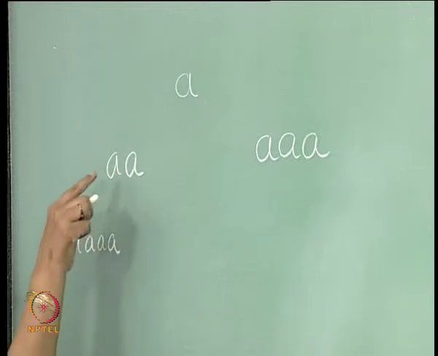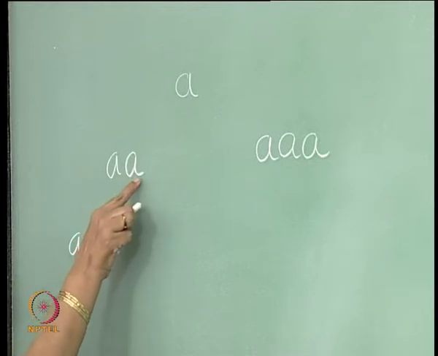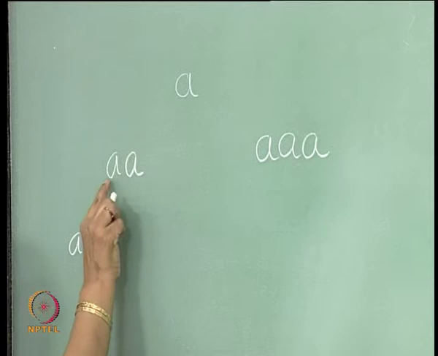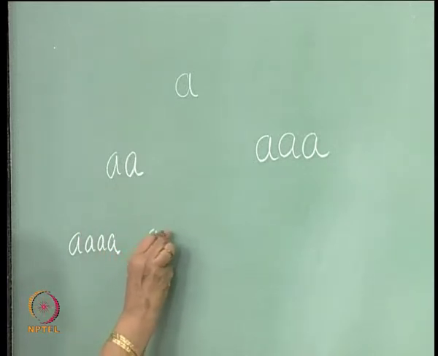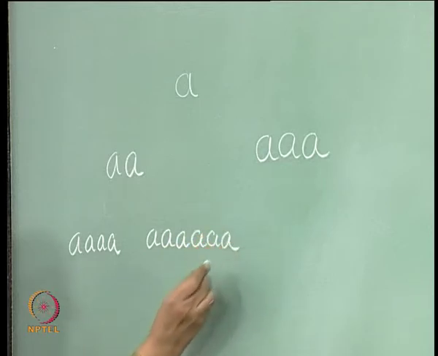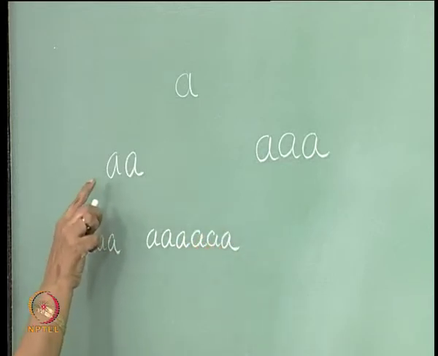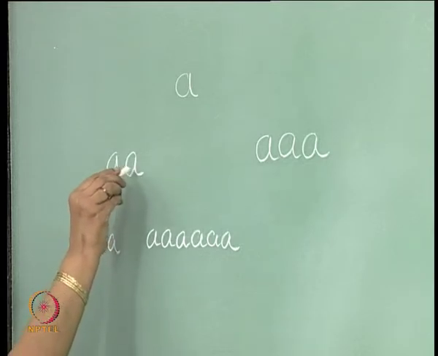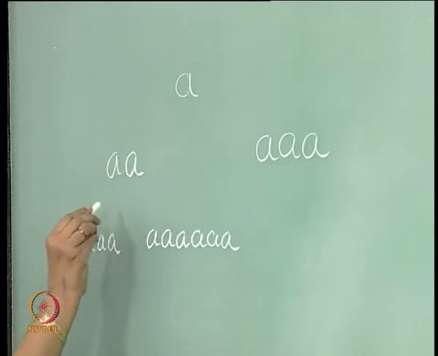I should use the same table for this A and this A. If I use the rule A goes to A cubed for this A, I shall get six A's. But I cannot apply a rule from one table for this A and a rule from another table for this A. I have to use the rule from the same table.